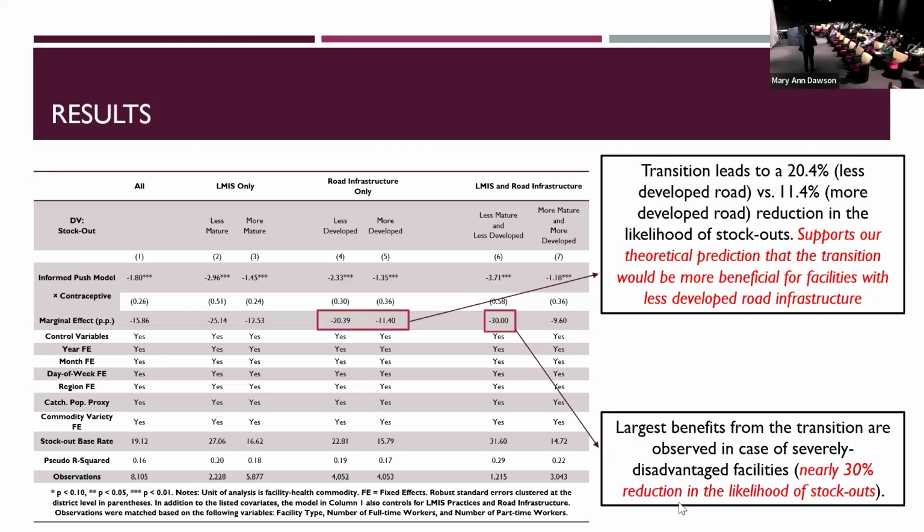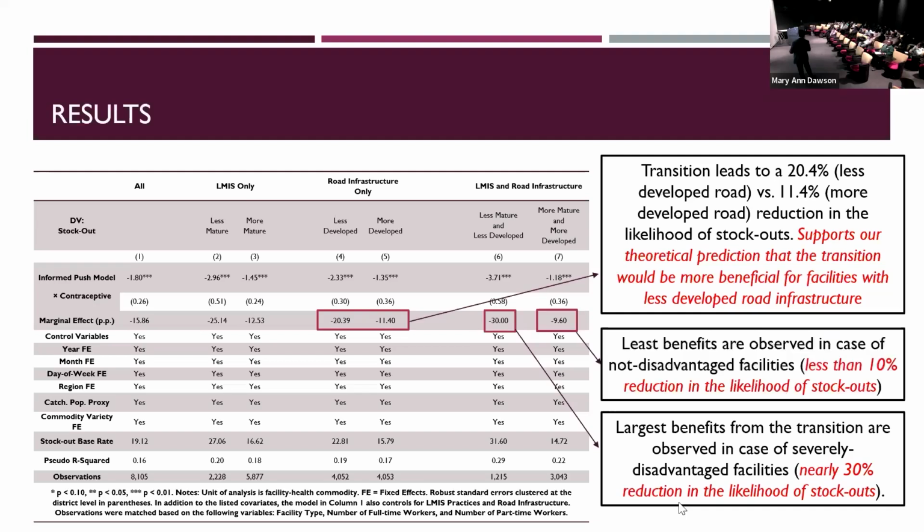The effect is about a 30% reduction in the likelihood of stockouts, which is a huge reduction. On the other hand, the least benefits are observed in facilities that are not disadvantaged. These are facilities that have more mature practices and more developed road infrastructure. In that case, it's a less than 10% reduction in the likelihood of stockouts.